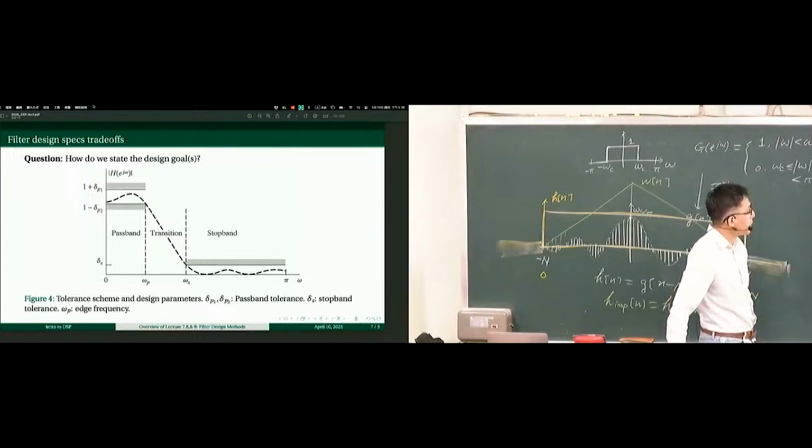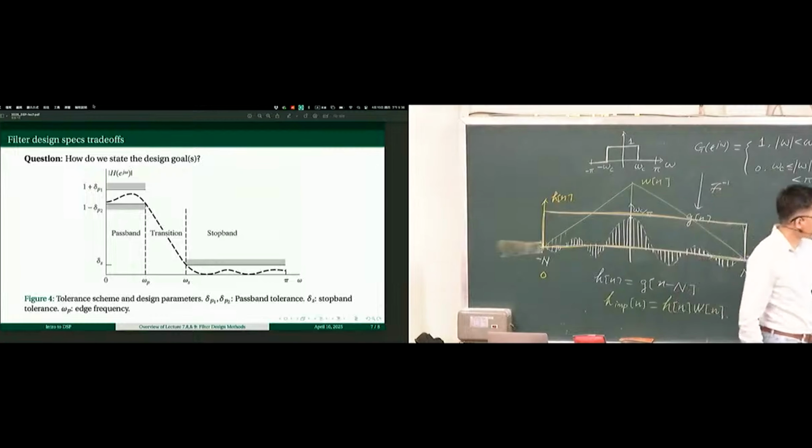We'll explain. So there is a pass band and a stop band. But here we also allow a transition band. You define the corner frequency omega p, the edge frequency for the pass band right here.